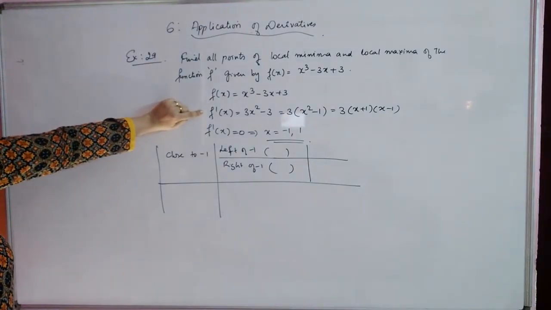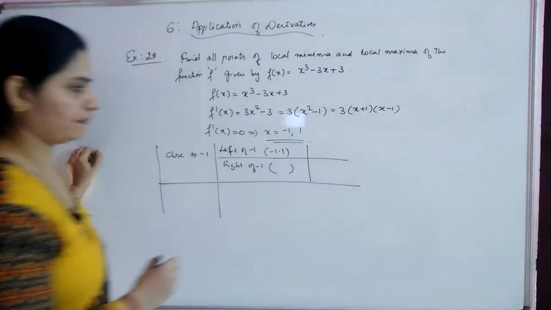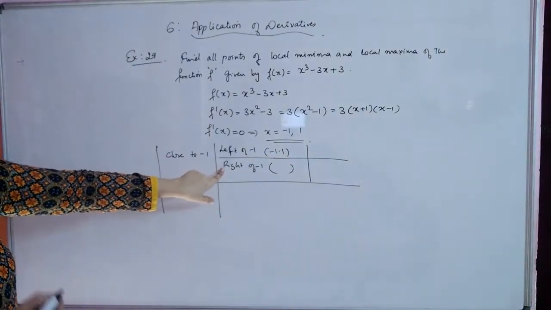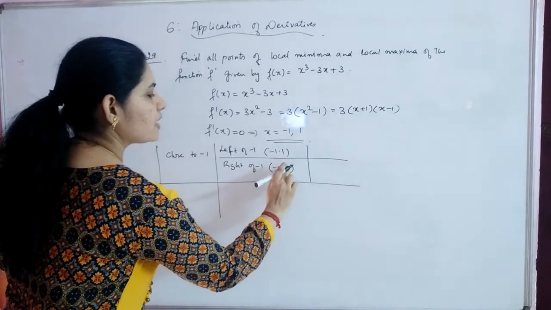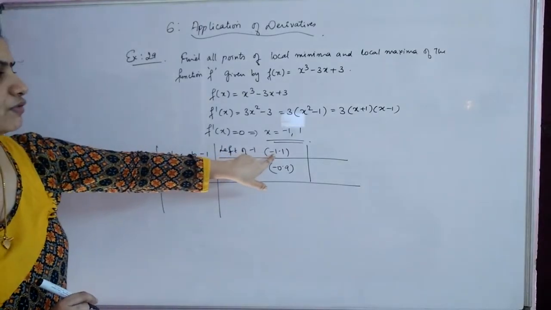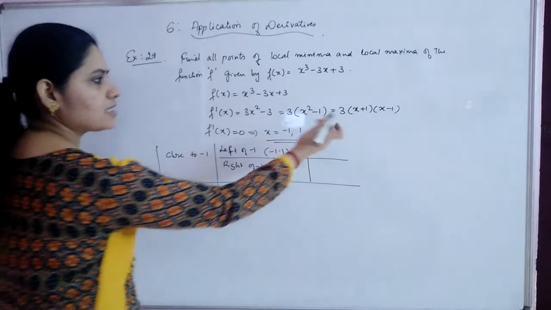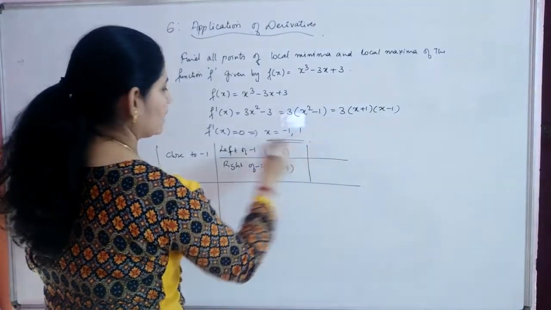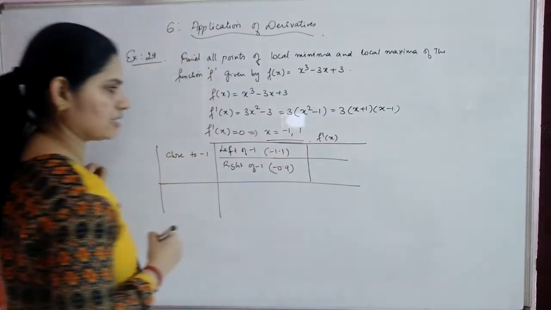So suppose you are checking for left of minus 1, you can take it as minus 1.1, and right of minus 1 can be taken as minus 0.9, a value which is very close to minus 1, okay. You just replace in this, no need to calculate, just see what you will get, positive or negative. So we are just seeing what is the sign of f dash of x here.